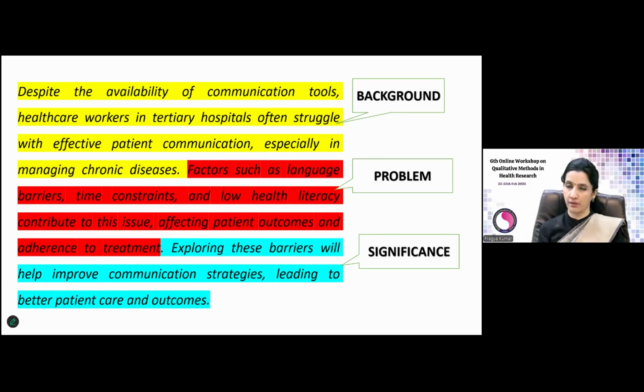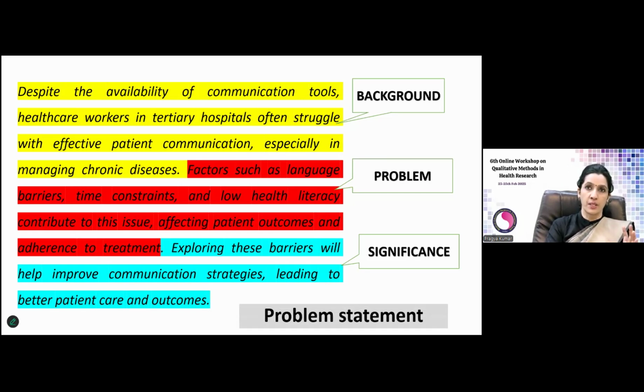The background is about starting the context of your research question, the problem is what problem the health workers are facing, and the significance is what help exploring these barriers is going to give. So these three constitute your problem statement: background, problem, and significance.